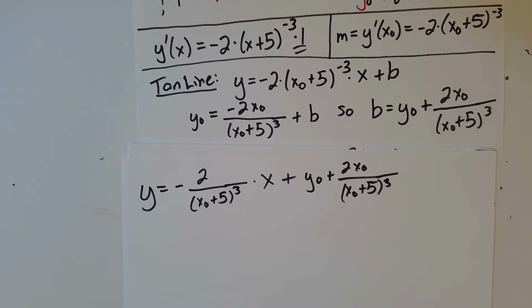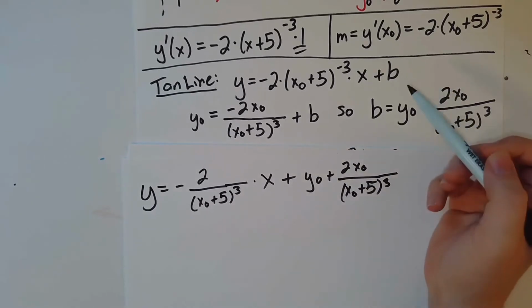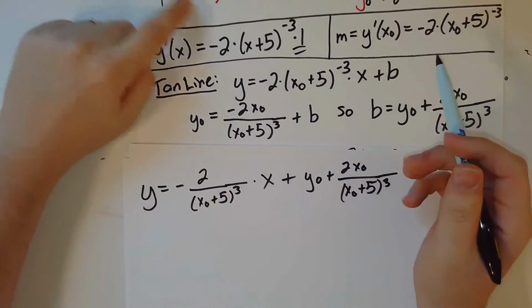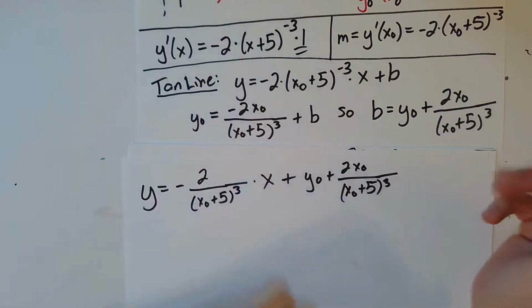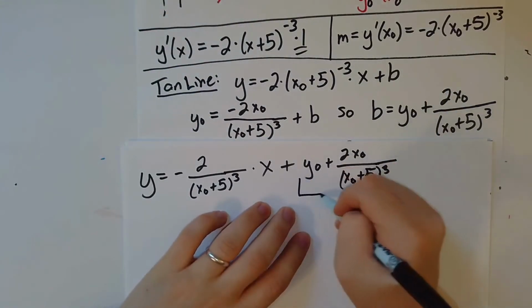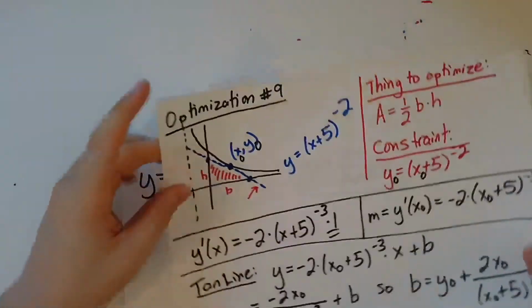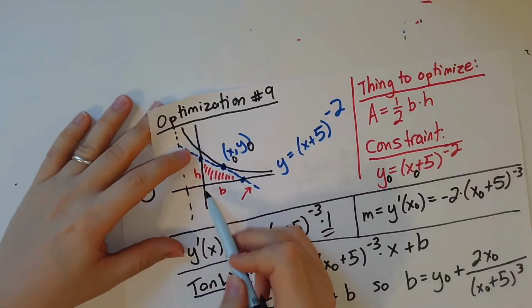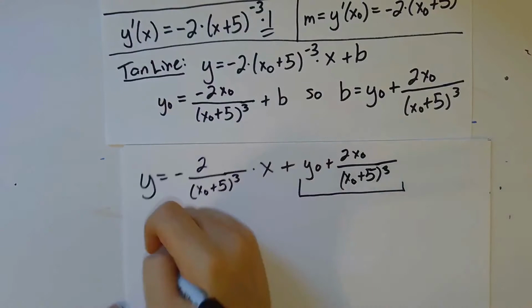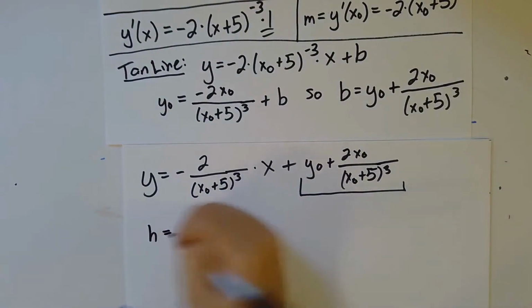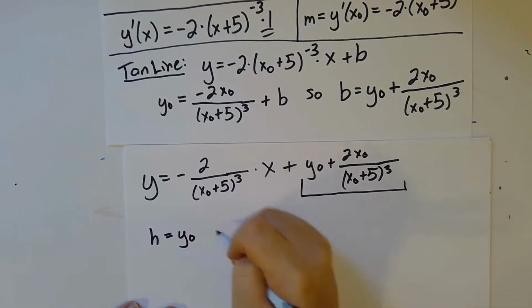Okay, so now here's where I need to solve for the h and b of the triangle. So this just literally is the height of the triangle, because if you look back over here, the height was just the y-intercept. So h is that.